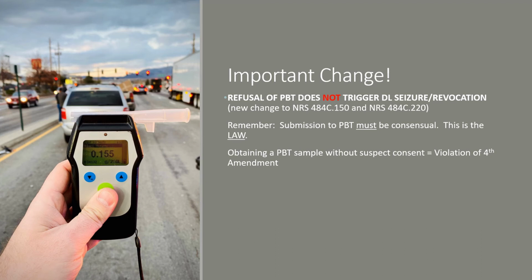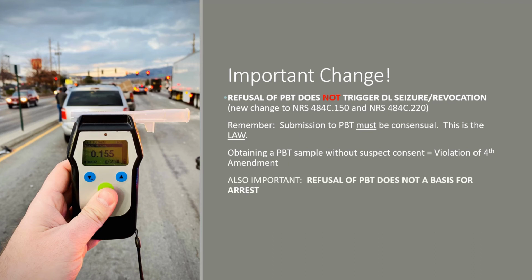The fact that the PBT is not admissible in a criminal trial does not mean that it is not important in the investigation, and law enforcement must not make that assumption. For more information on that particular topic, please take a few minutes and watch the earlier TSRP training video on the use of PBTs.